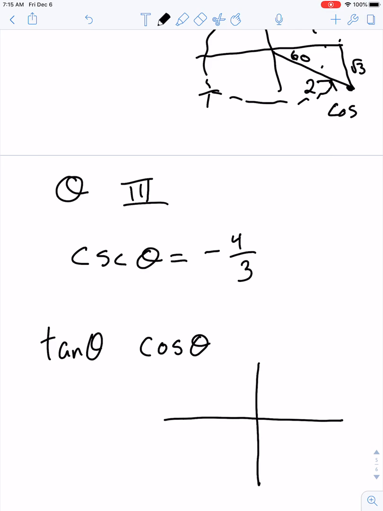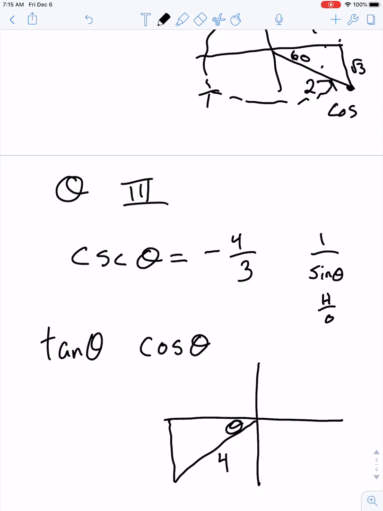So it says third quadrant, so we already know where we are. So we know that's our reference angle. Cosecant is the same as its reciprocal function, 1 over sine of theta. So sine is opposite over hypotenuse, so cosecant will be hypotenuse over opposite when we're looking for those ratios. So the hypotenuse we know is 4.